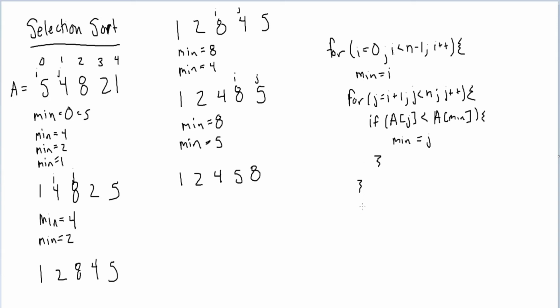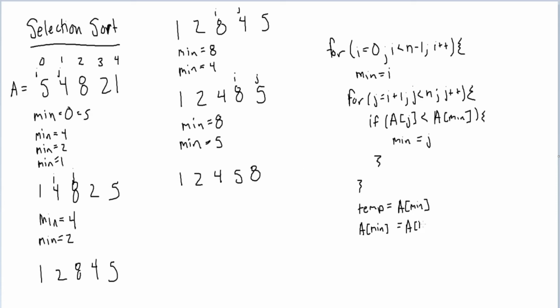And then inside of this for loop, this is where we're going to do the swap. So we're going to need a variable temp. So temp is equal to array A[min]. Then A[min] is now equal to A[j].